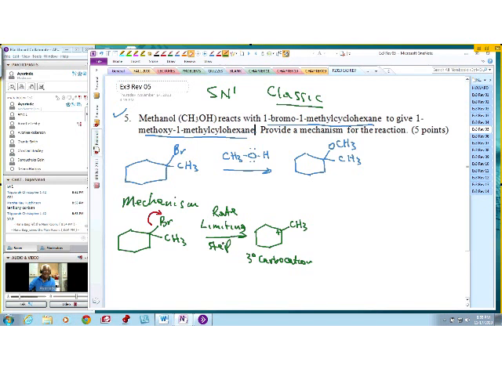Notice here, you do not have to write the transition state. Let me repeat. When you write the reaction mechanism, nobody is asking you to write the transition state. Do not do that. Just show the formation of the carbocation. Now, the next thing that happens, the methanol comes in as a nucleophile to attack the carbocation.